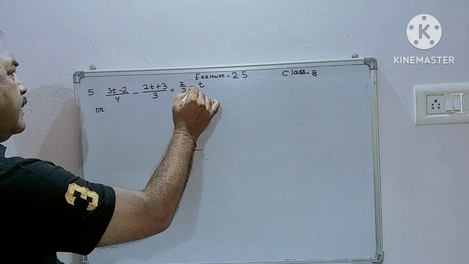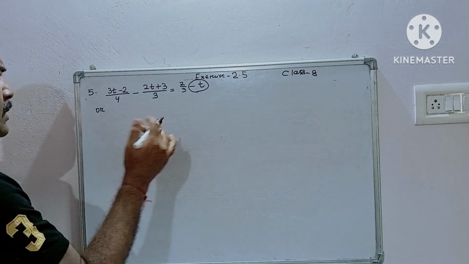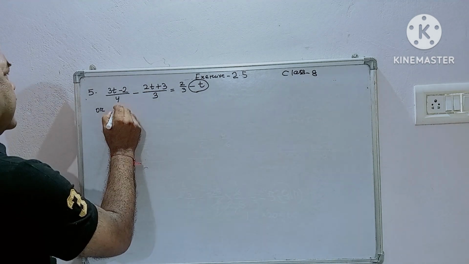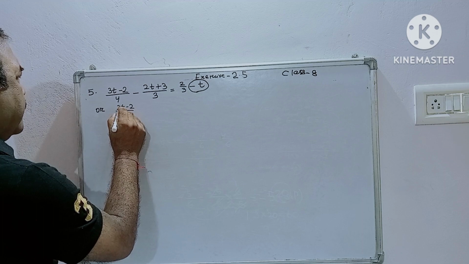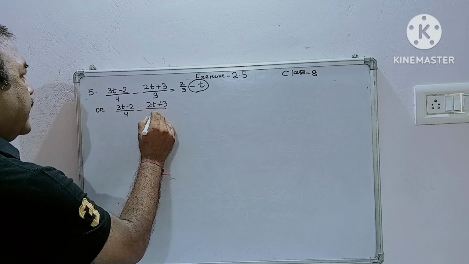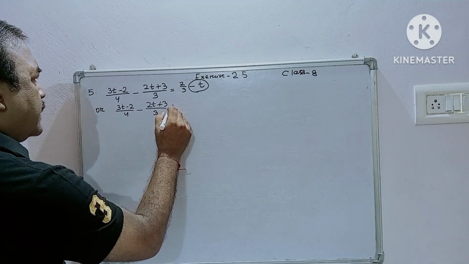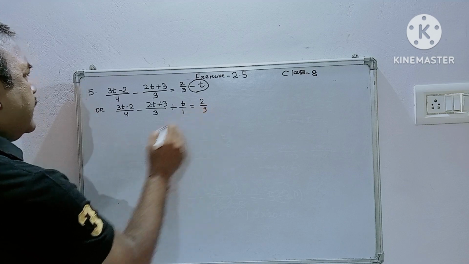Here it is minus t on the right hand side, we will transpose it to the left hand side. So (3t minus 2) whole divided by 4 minus (2t plus 3) whole divided by 3 plus t, meaning t upon 1, is equal to 2 upon 3.